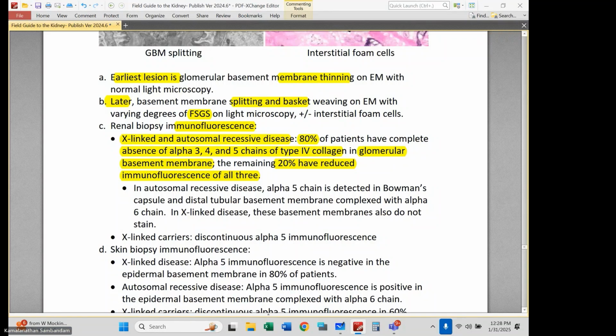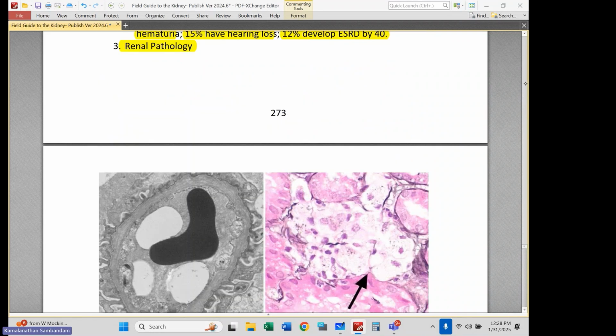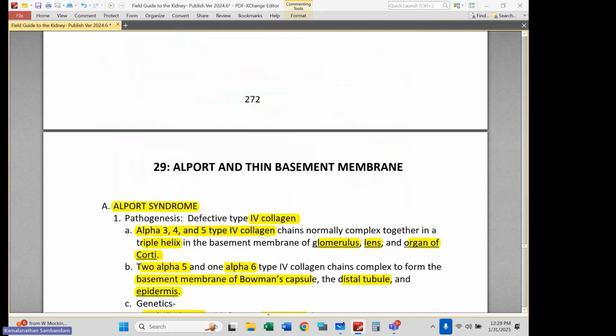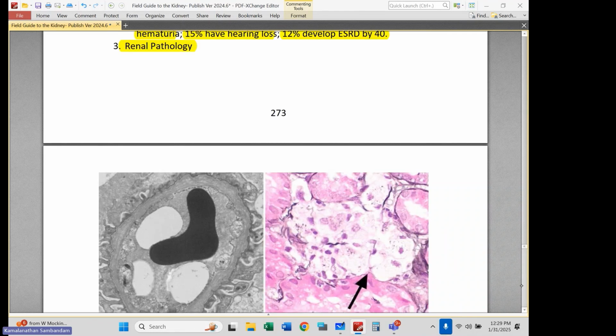Now, if I look for alpha-5 chain in other places, remember I told you alpha-5 complexes with 3 and 4 to make the glomerular basement membrane and intact components of the lens and the inner ear. But alpha-5 can complex with alpha-6 to make up Bowman's capsule basement membrane and basement membranes in the renal tubules, as well as the skin.